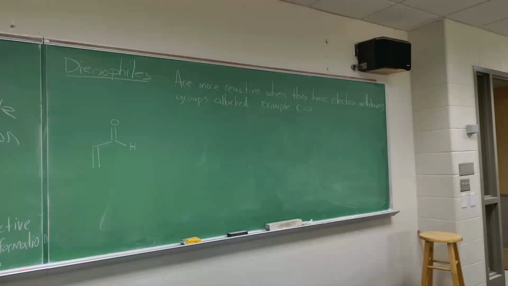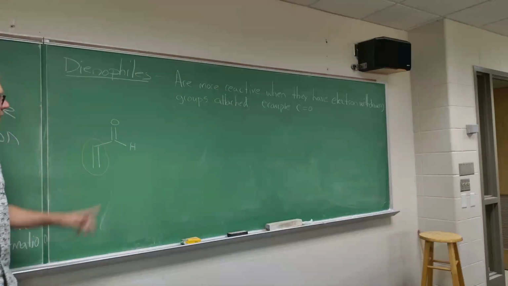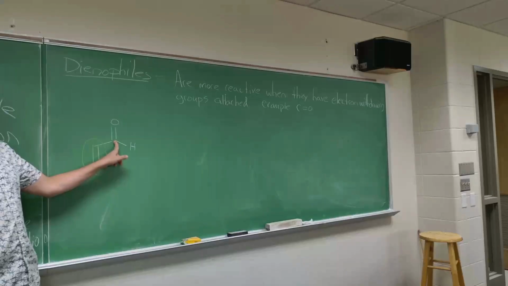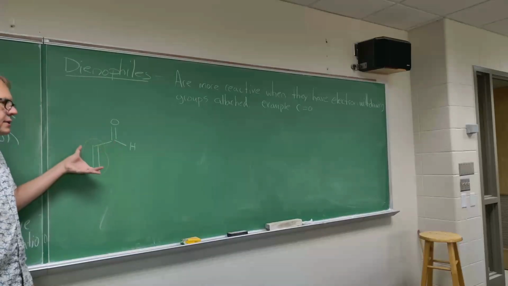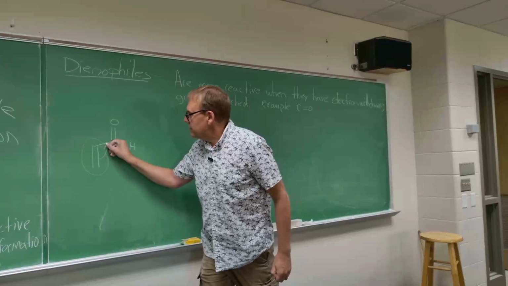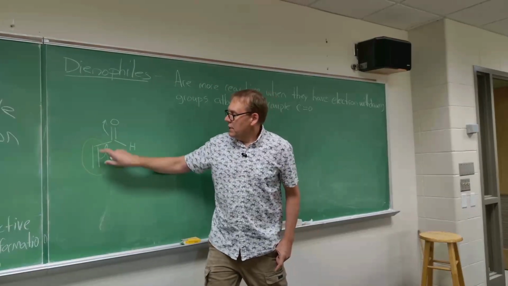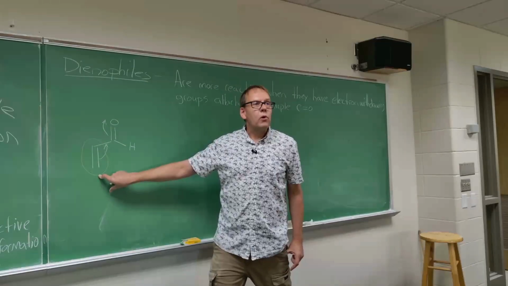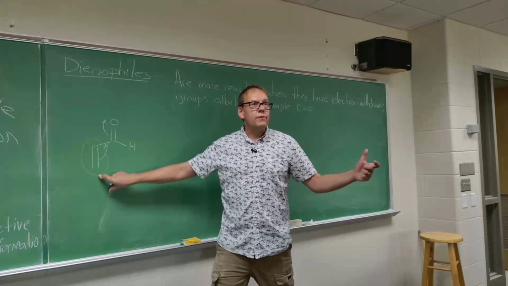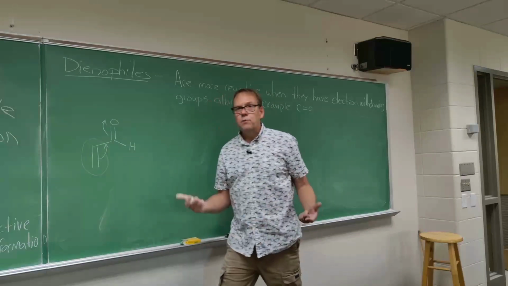So here is a dienophile. The dienophile part of it, this is the part that reacts, that forms the six-membered ring. But this carbonyl group influences the reactivity by withdrawing electron density out of that alkene. The way it does that is it can, by resonance, suck electron density up onto the oxygen. That makes this dienophile part of the molecule more electron poor, and it's easier for the electrons to flow from the diene into this, and that's why this is more reactive.